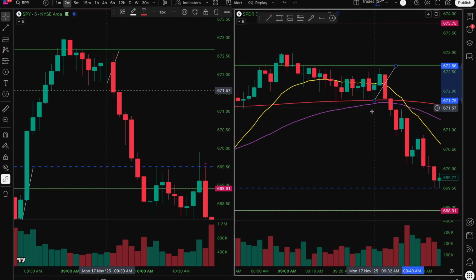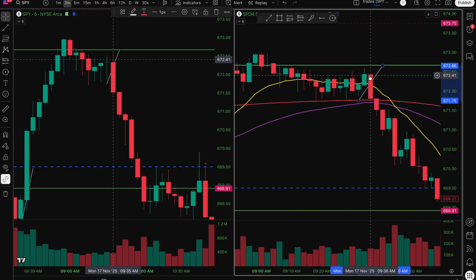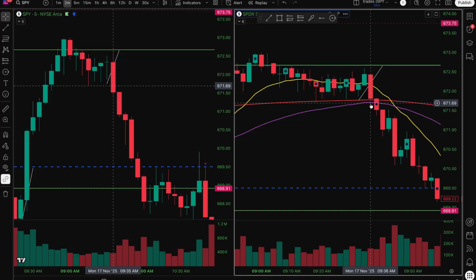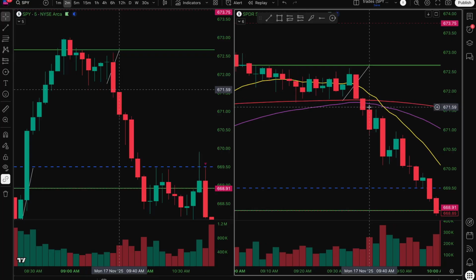The reason for that being is another anomaly. Price pushes up on decreasing volume, and that follows up with a big red candle with higher volume. So on this candle right here that breaks the 200 and the 48 EMA, that would have been a great entry right here.